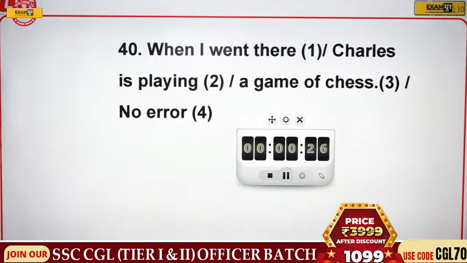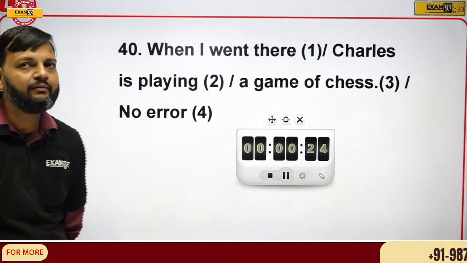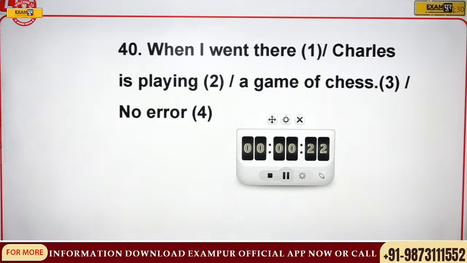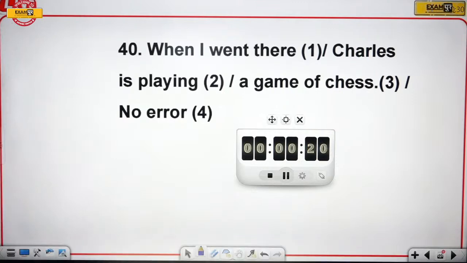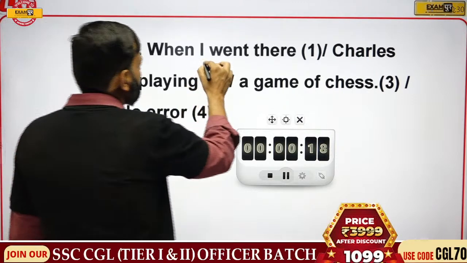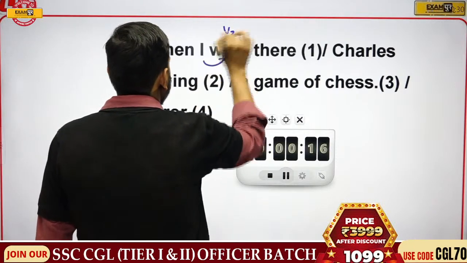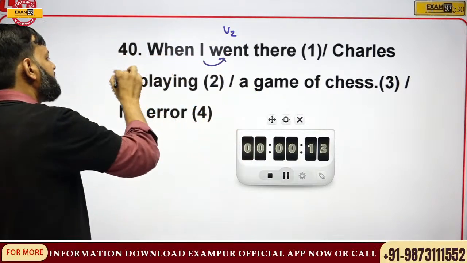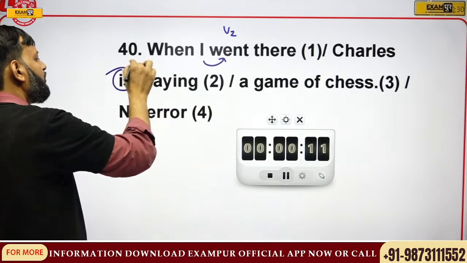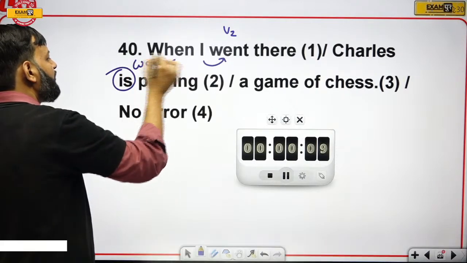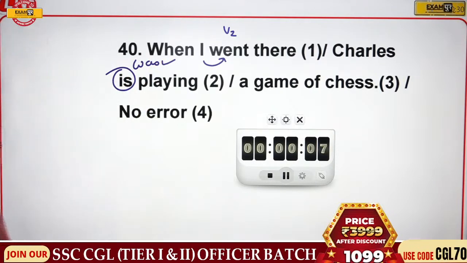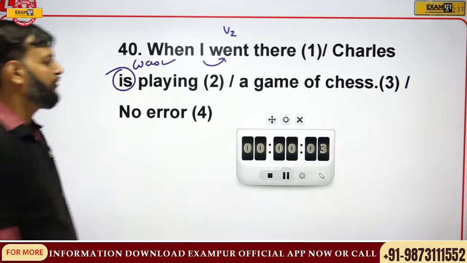What is the error in this sentence? See, this sentence is in past tense. When I went there, this is second form. Okay. So if the sentence is past, we cannot use is in the second clause. Is will be replaced by was. When I went there, Charles was playing a game of chess.